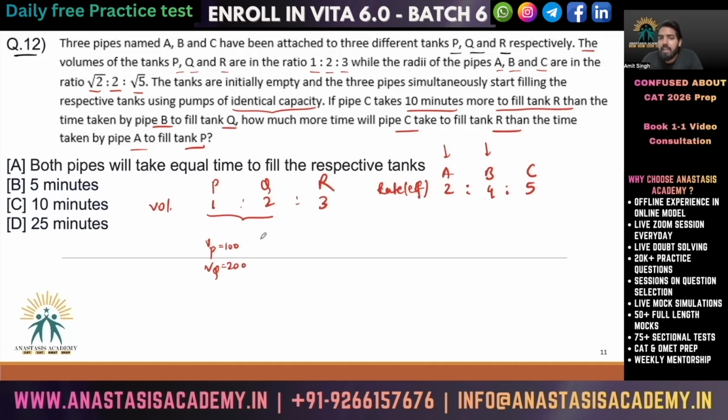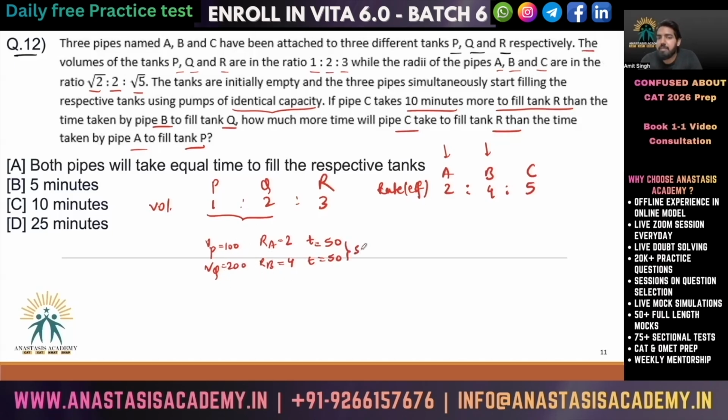And the rate of A to be 2 units per hour, and rate of B to be 4 units per hour, right? So the time taken by A to completely fill this tank would be 100/2, that is 50 hours. And time taken by B to fill this tank Q would be 50 hours.